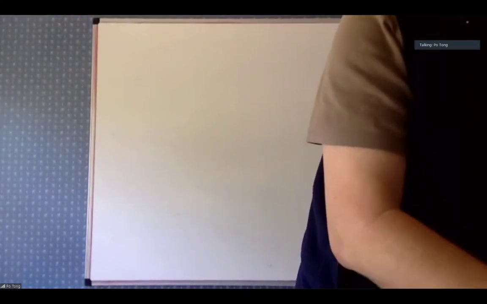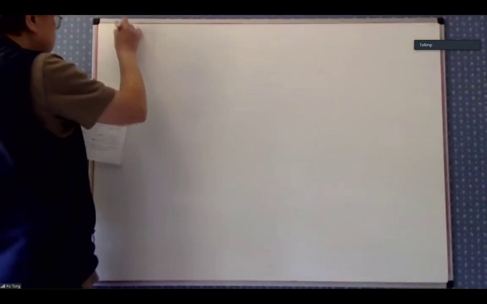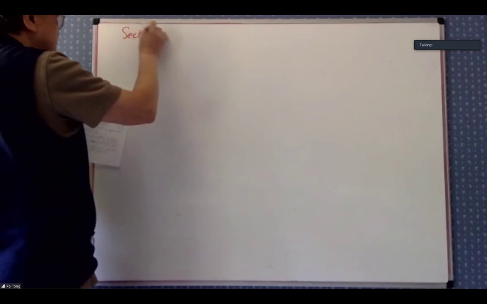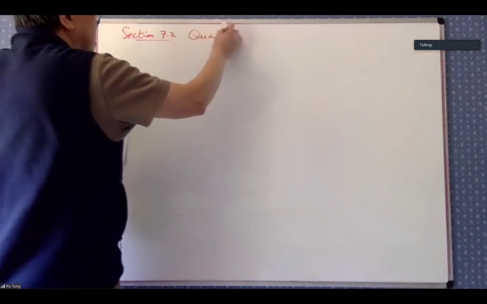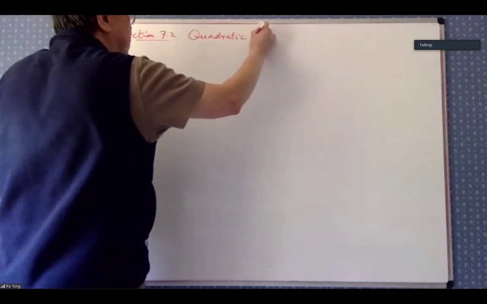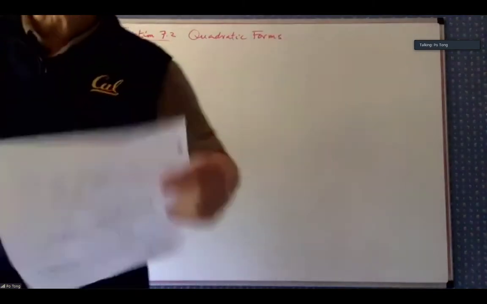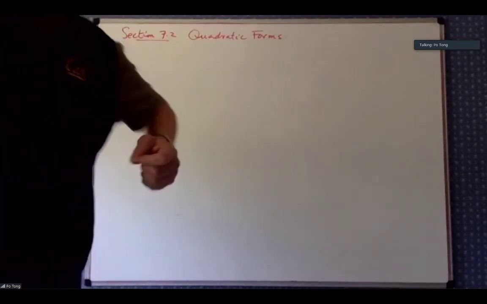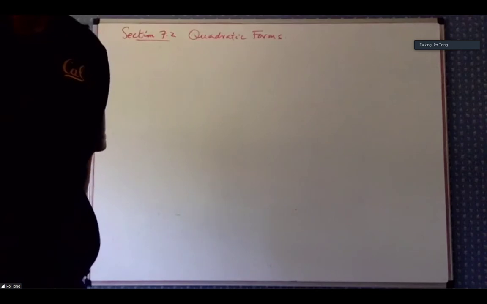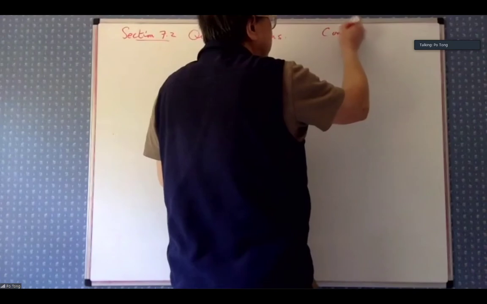Okay, 7.2. Quadratic forms. Quadratic forms has to do with, it's kind of like generalizing the conic sections. Do you remember you learned conic sections in high school?